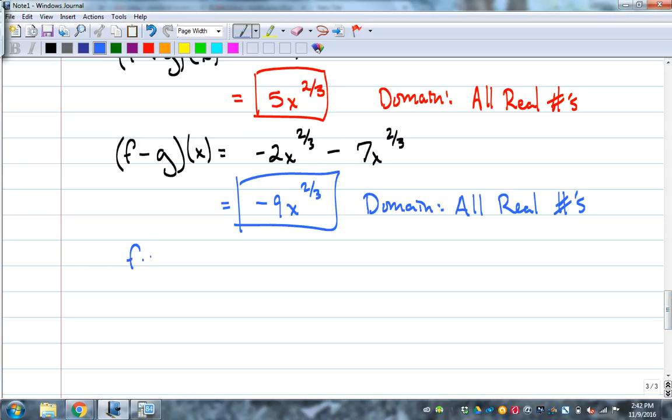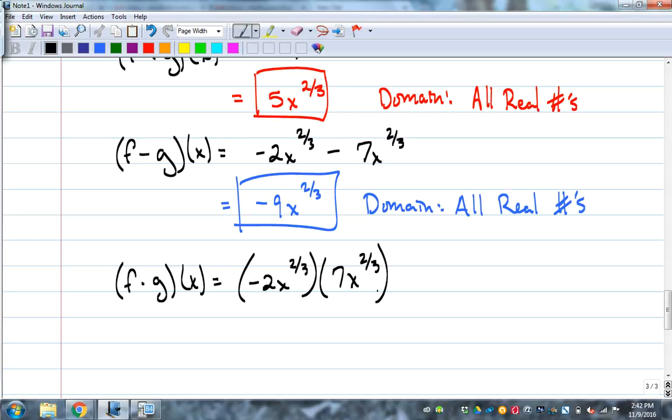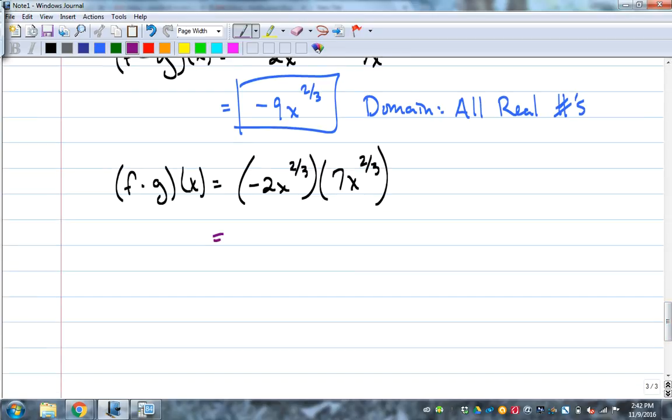Let's do the multiplication. f times g of x. Negative 2x to the 2/3 times 7x to the 2/3. So it'd be negative 14x to the what? 4/9?